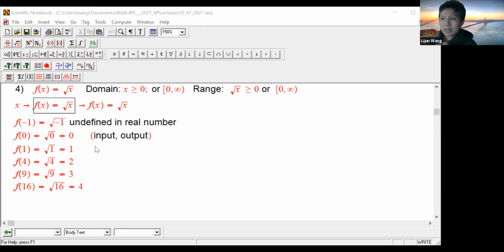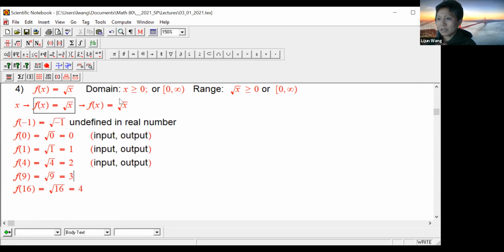So in terms of input output, can you get these points for me? Can you make these points and plot these points? And then you're going to tell me what are the X-intercepts, what are the Y-intercepts?